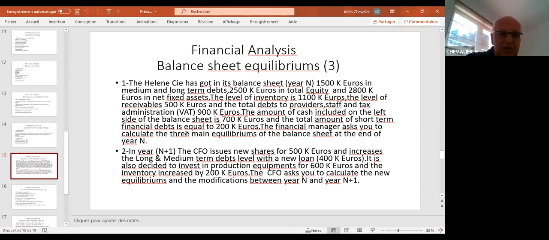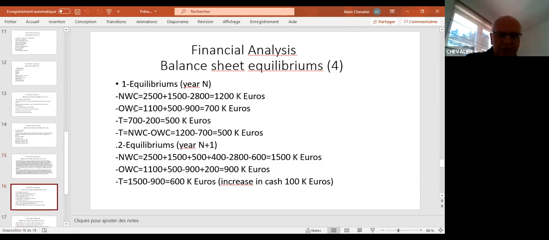So you calculate the operating working capital, OWC, here, and this is 1,100 for the inventories, 500 for the receivables, and 900 for the operational debt, and the difference here is 700k euros.